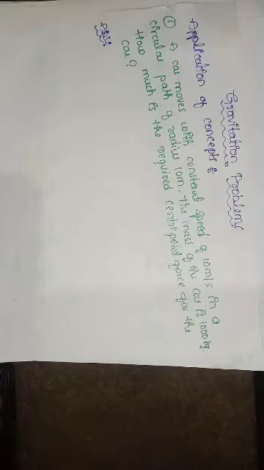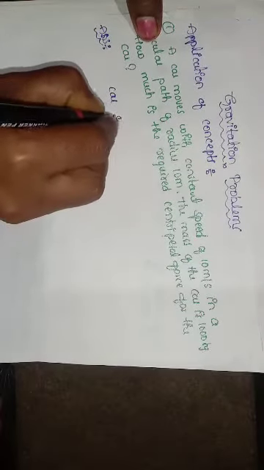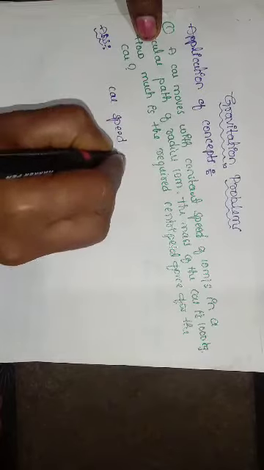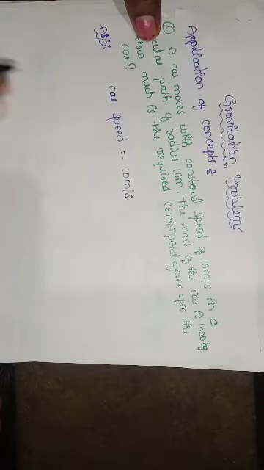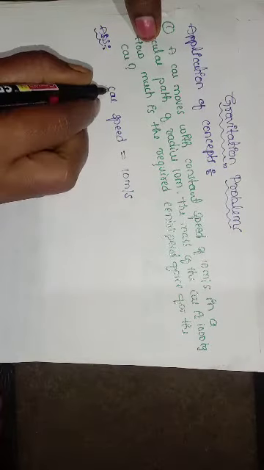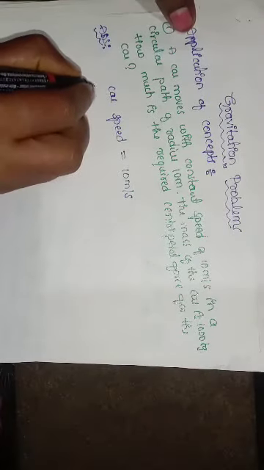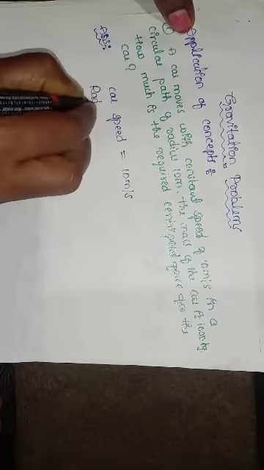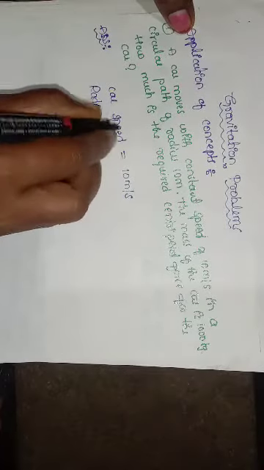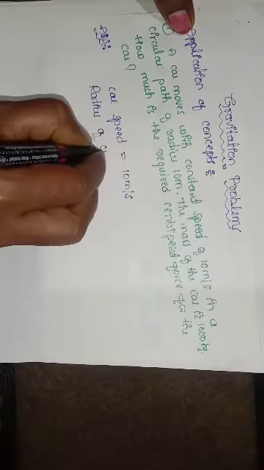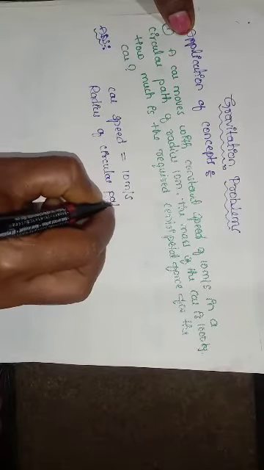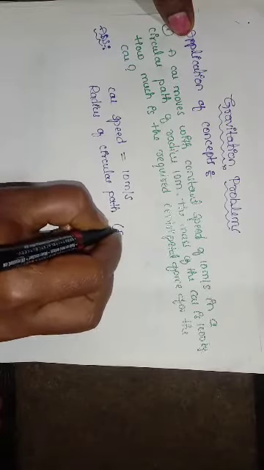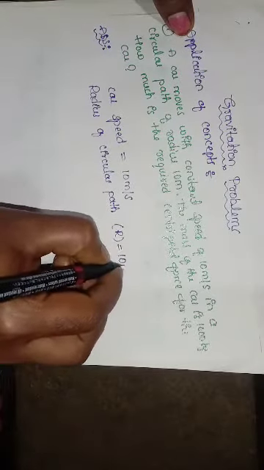See, first write the given data. What is given? Car speed, 10 meters per second. Next, the radius of the circular path is given. The radius of the circular path, capital R, is equal to 10 meters.